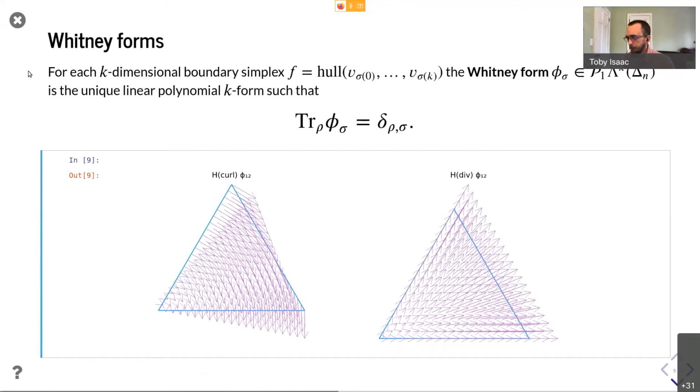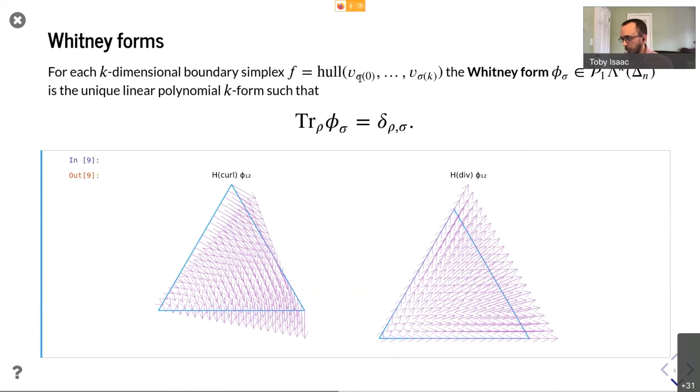And the last construction that's really important for working on a simplex when we're working in exterior calculus are the Whitney forms. So given any of the boundary simplices of a triangle or a tetrahedron I'm working with, each boundary edge, for instance, is the hull of some subset of the vertices.